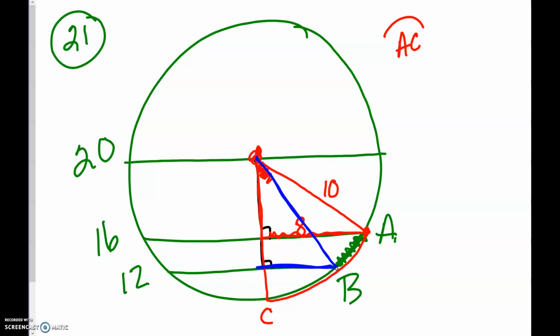That radius is still 10, and now this piece down here is 6. So can't we find out what this angle is? And if you take that big central angle of AC and subtract BC from it, aren't you left with what AB is going to be? All right, so that's my hint for number 21. And I think in the book they may have rounded to the hundredths place, so round two places past the decimal. All right, good luck.